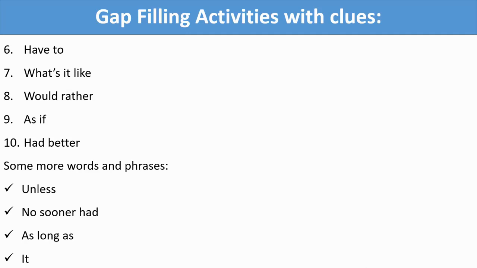Number 7, what's it like. Number 8, would rather. Number 9, as if. Number 10, had better. Some more words and phrases which we usually find in our question paper to complete the sentences are unless, no sooner, had, as long as, it.